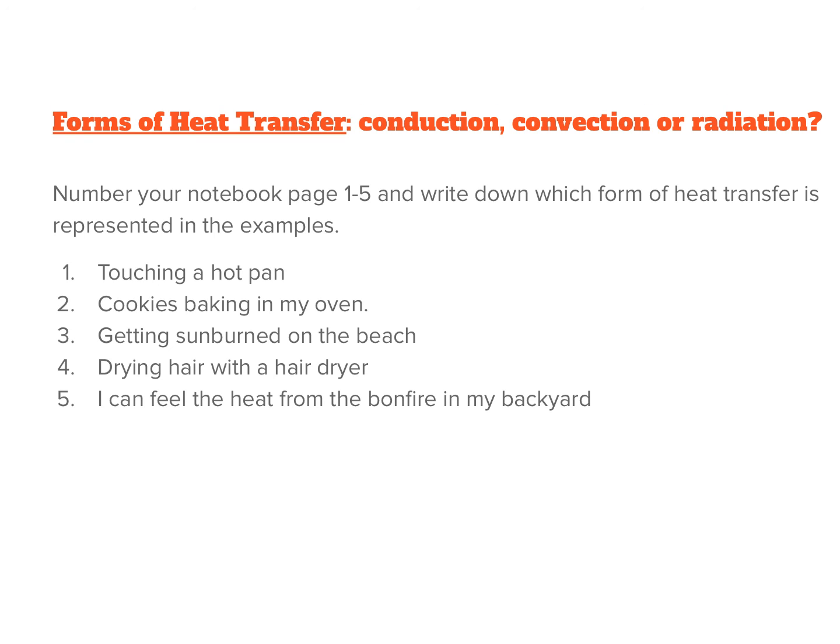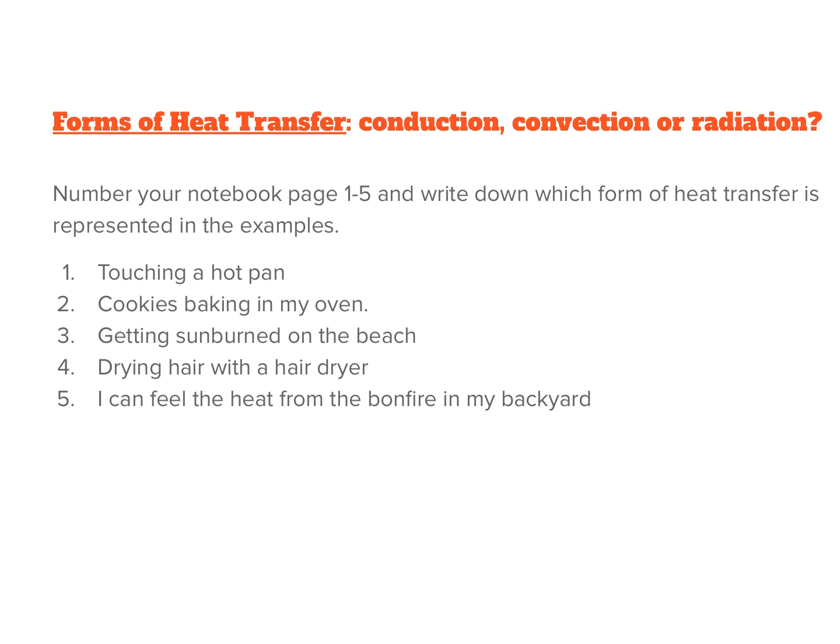So you have a word bank above: conduction, convection, radiation. You're going to use those words potentially more than once. And there are examples below that you are going to match with the word conduction, convection, radiation. Feel free to use your notes you just took to help you out with this.